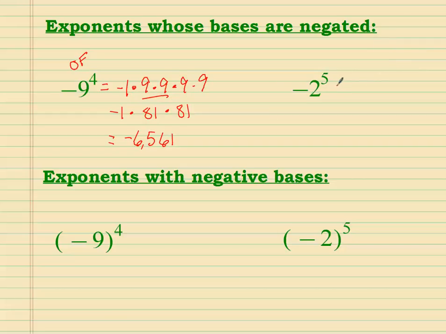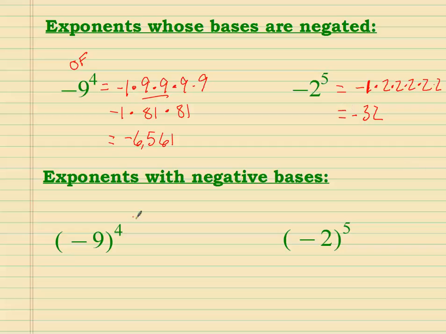So this is kind of like the negative of 2 raised to the fifth power, or negative 1. I like to put the negative 1 there because I just taught you that property, the multiplicative property of negative 1, and it's kind of like it is there, times 2, and then this times itself 5 times, right? 2 times 2. All right, and if I did all that work, I would get negative 32.